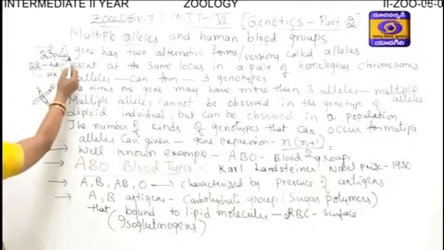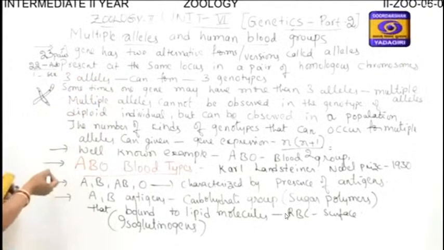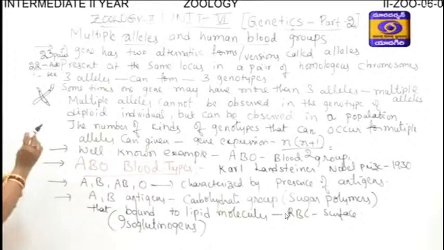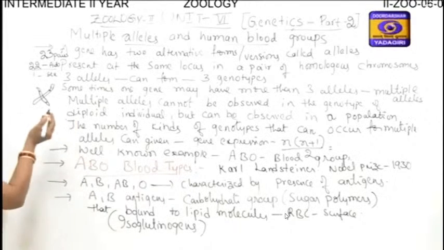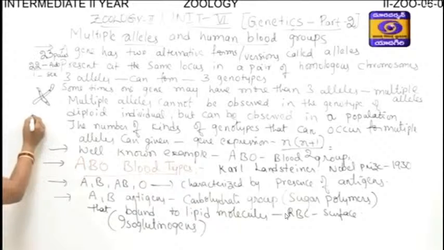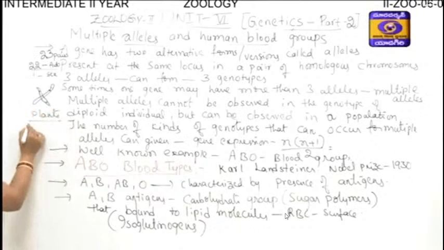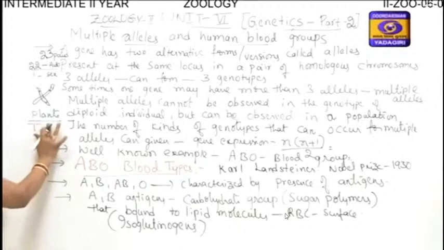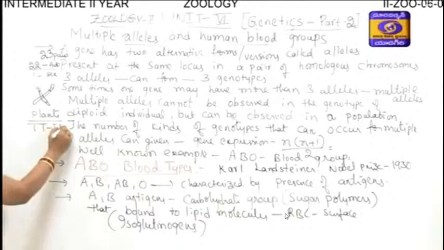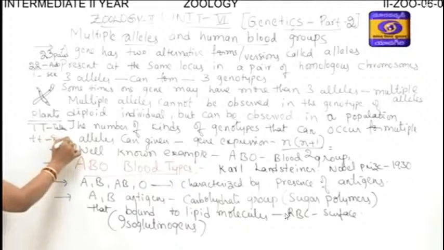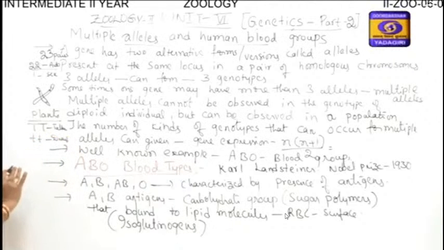Here, a gene has two alternative forms. For example, in the plant, the character tallness is determined by a pair of genes. Capital T determines tallness, and small t determines dwarfness in the plants.